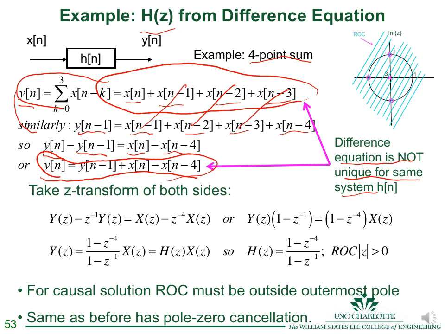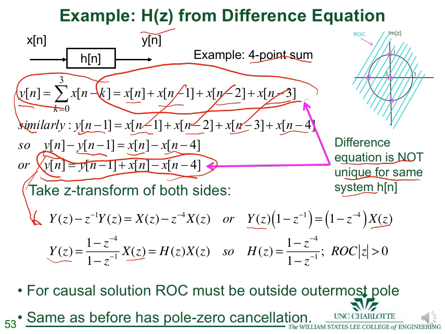So if we go with the second form, we can take the z transform of both sides of the equation and solve by rearranging. We can solve for y of z in terms of x of z. And so the output must equal the transfer function times the input.